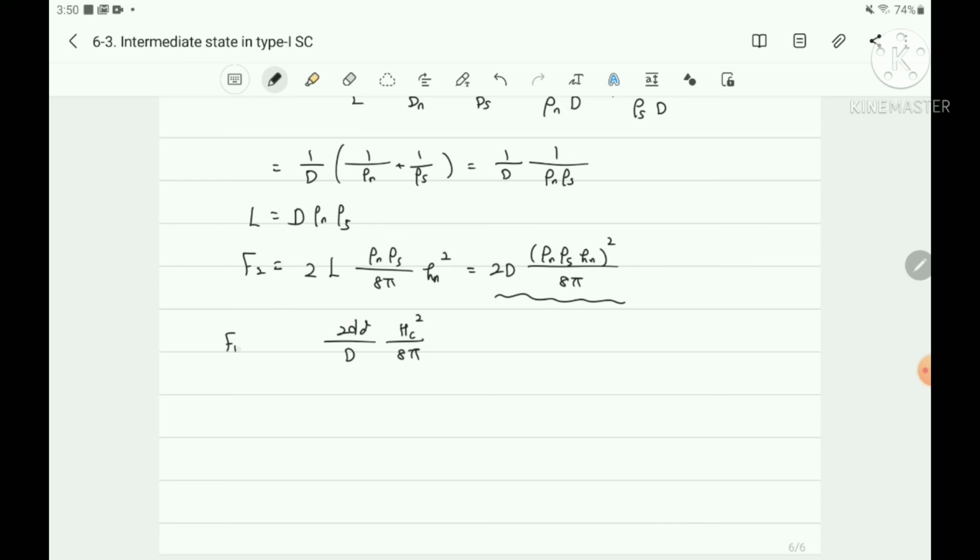Therefore, F1 plus F2 is the total interface energy, plus 2d rho n rho s Hn square over 8 pi.